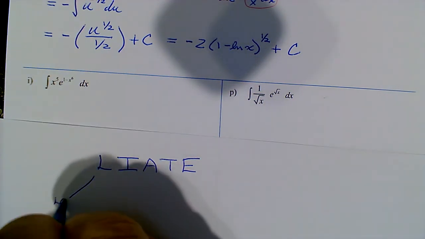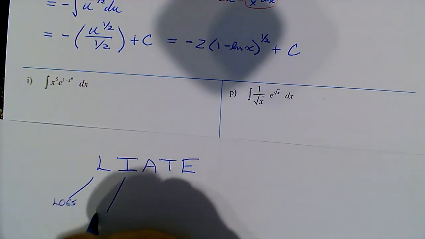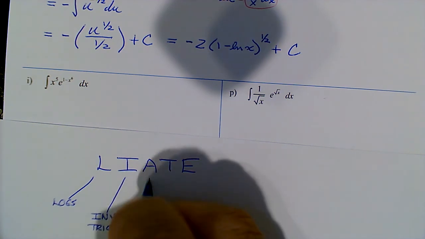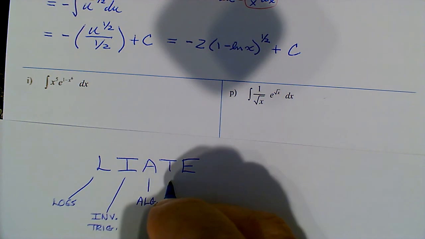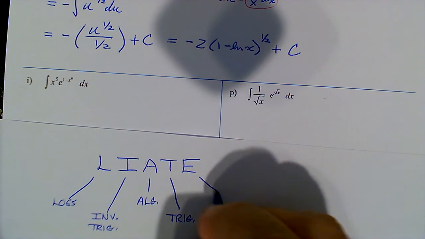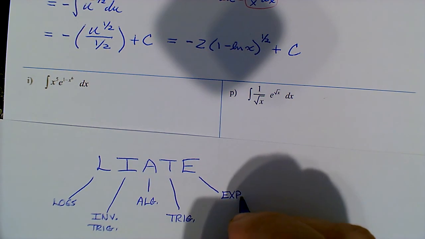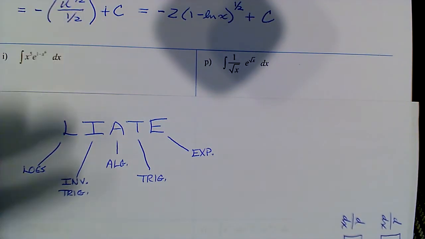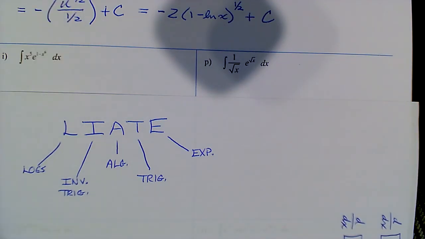L stands for logs, I for inverse trig, A for standard algebraic, T for your basic 6 trig functions, and E for exponential. And what we said was, if there is a product of an algebraic factor and an exponential factor, the exponentials dominate in our integration scheme or hierarchy.